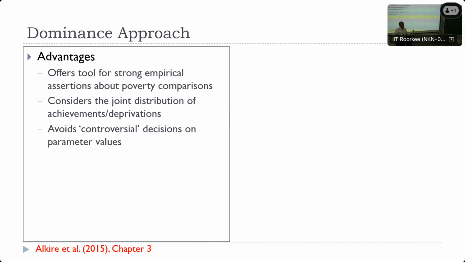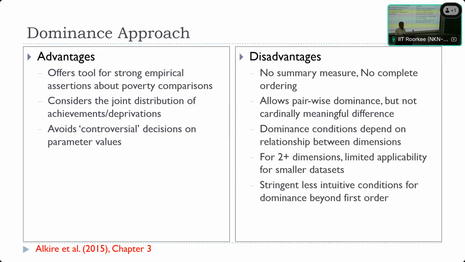Do not ask me the question, sir, how can we avoid controversy? You cannot. Even if you're working not in consumption expenditure, income poverty, you cannot avoid controversies. You have to make some parametric decisions. Okay, choice. Disadvantage: the first and foremost, no summary measure, no complete order.